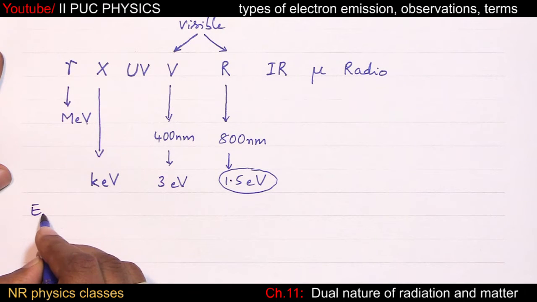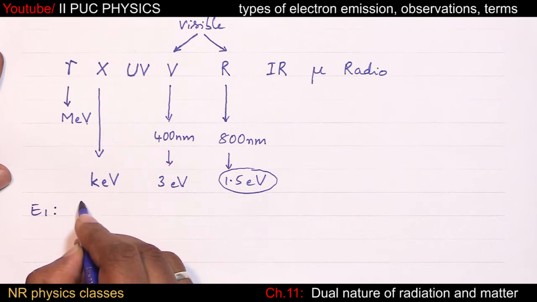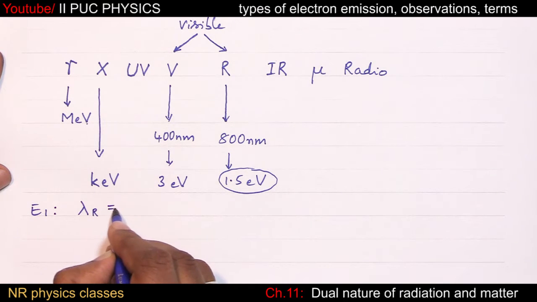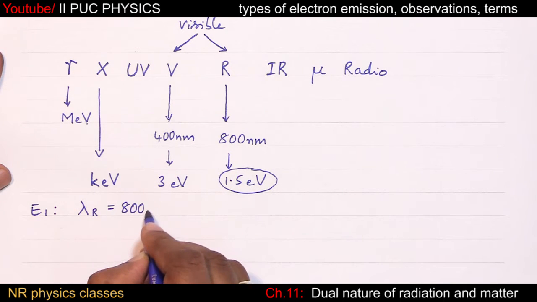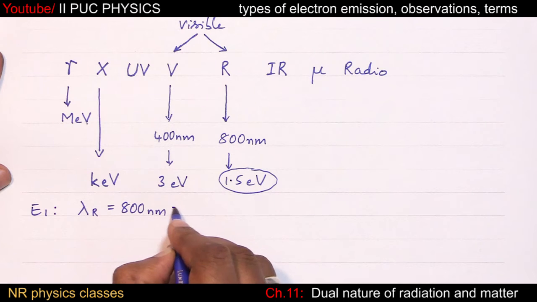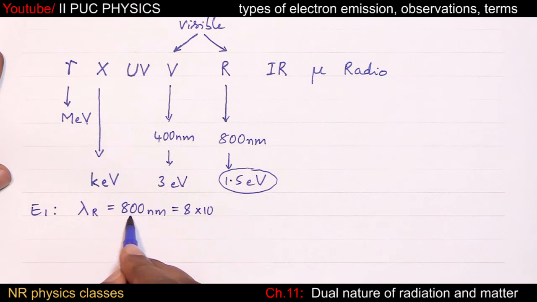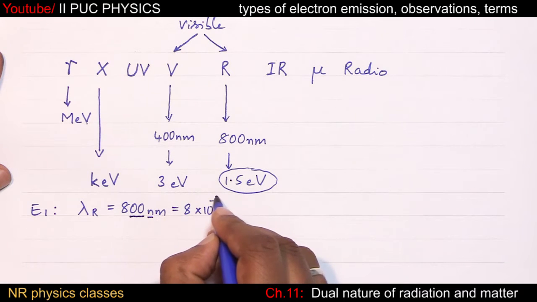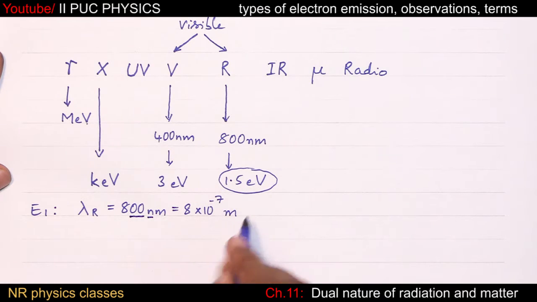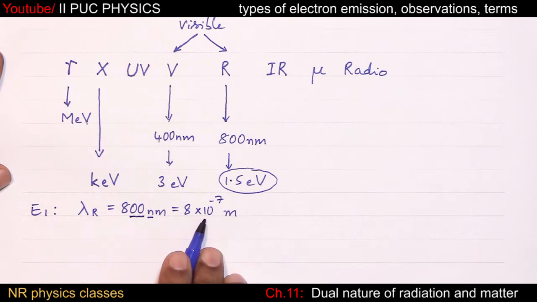So first example, example 1. If wavelength of red is 800 nanometer, 800 nanometer is 8 10 to the power of 2 times 10 power minus 9, which gives 8 10 power minus 7 meter. Carefully convert.